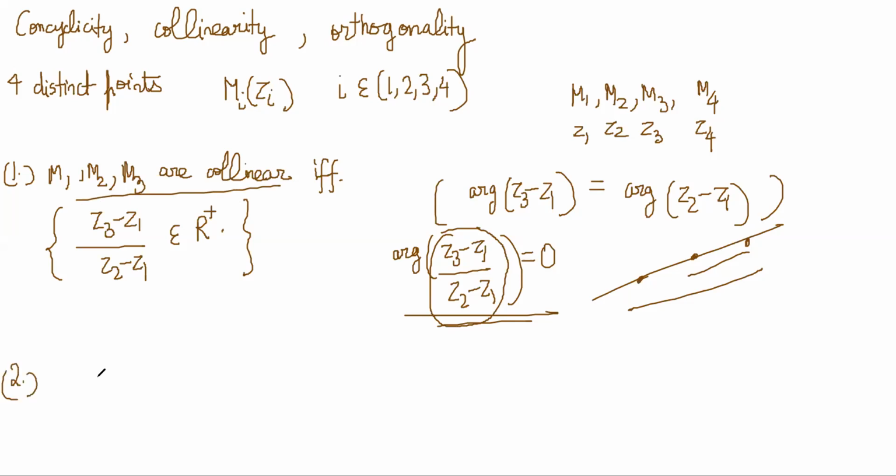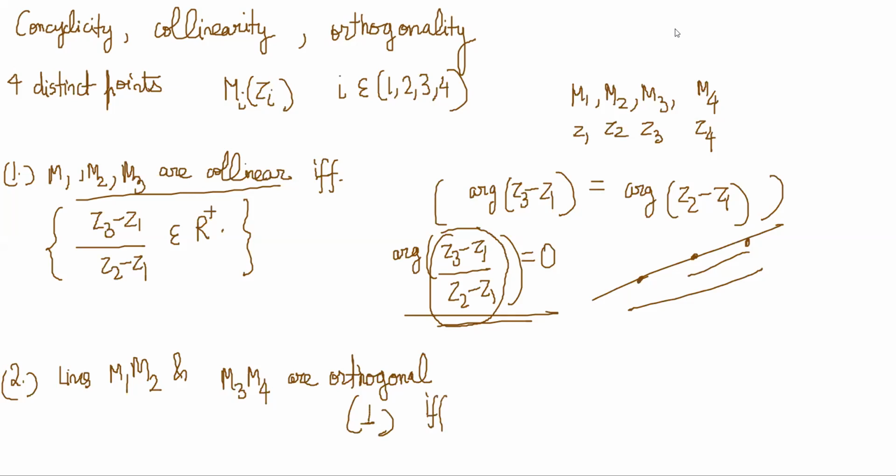Yes. Okay, so this is one collinearity condition. Second one is lines M1M2 and M3M4 are orthogonal, or basically perpendicular, if and only if you can prove that (Z1 minus Z2) by (Z3 minus Z4) belongs to i times some real number. Okay, i times some real number, basically it means that it is imaginary, no?